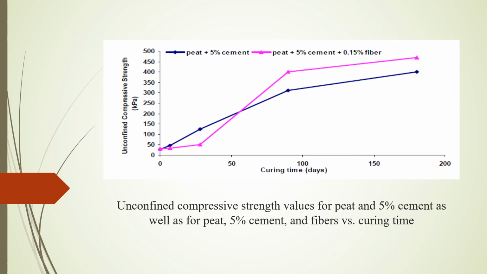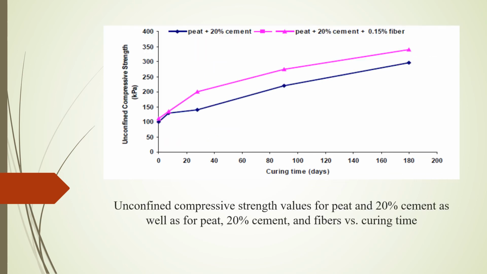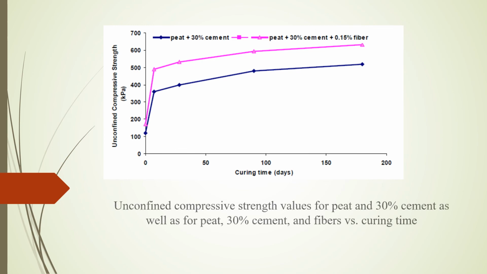And you can see the 5% cement, and then the peat with 5% cement plus 0.15% fiber. The difference, you can see there is some increase in strength. Similarly, I have different parameters like 15% here, 20% here, and 30% here.